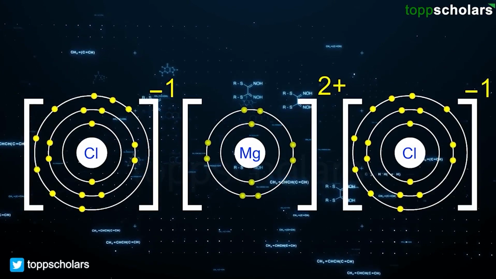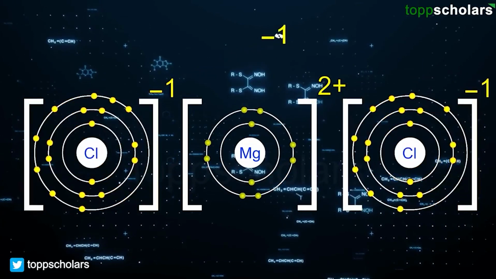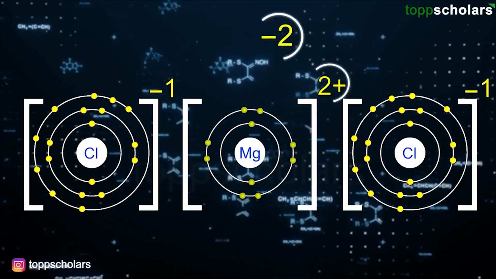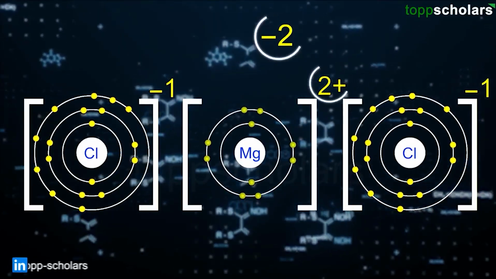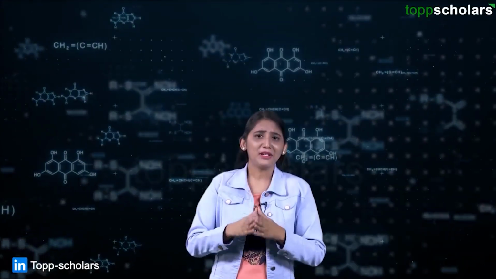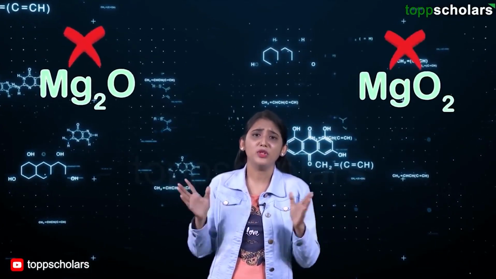Now friends, the net charge of these 2 chloride ions is -2, which is balanced by the +2 charge on magnesium, thereby resulting in the formation of magnesium chloride, that is MgCl2.